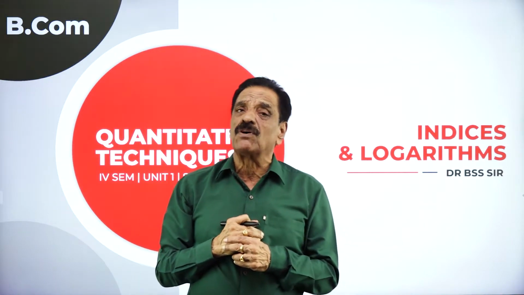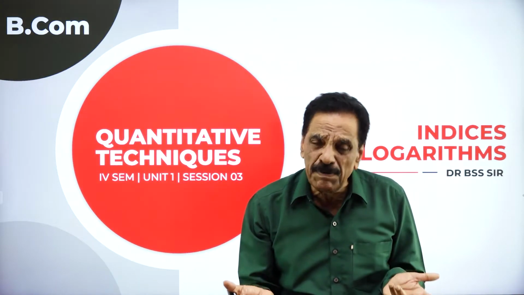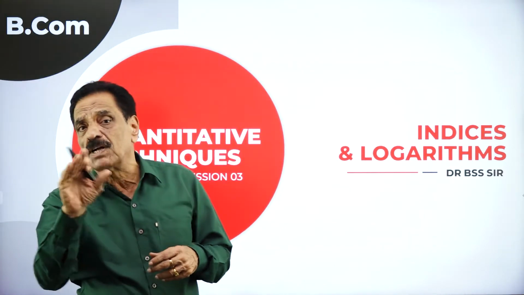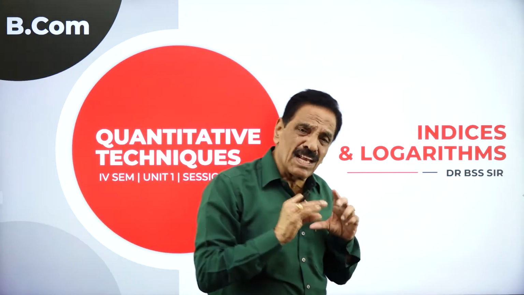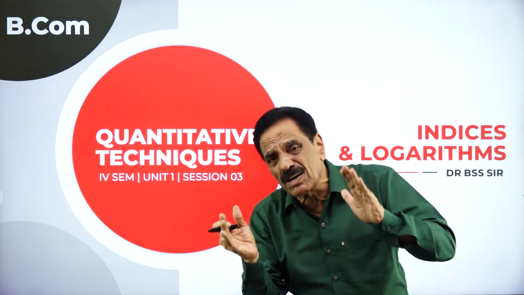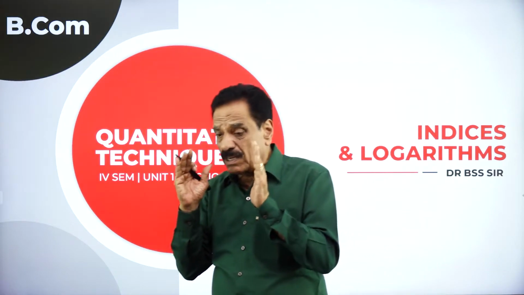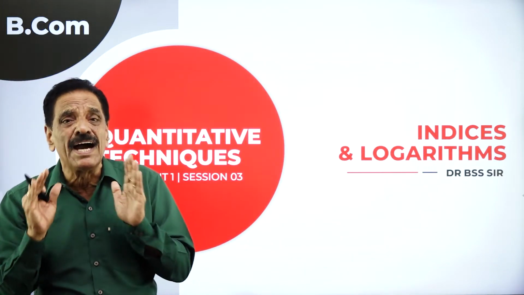That is a to the power of m plus n. It may be b to the power of 1 into b to the power of 2, which is b to the power of 1 plus 2. So the law says if the bases are common, exponents can be added.